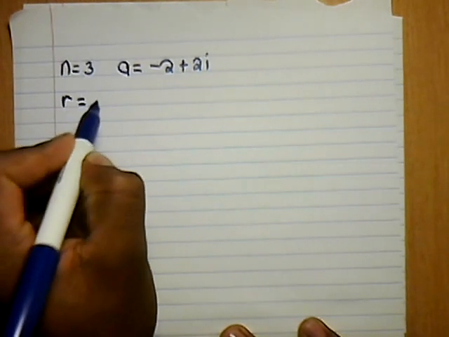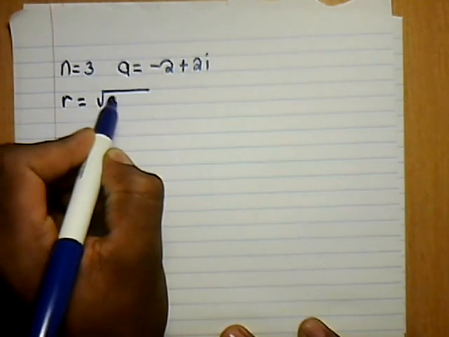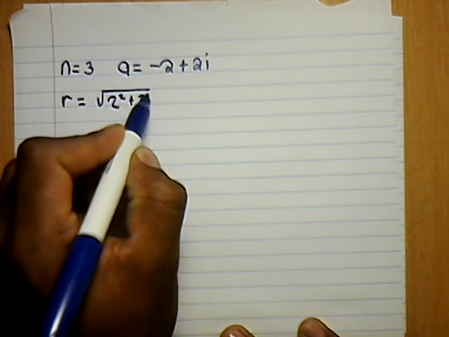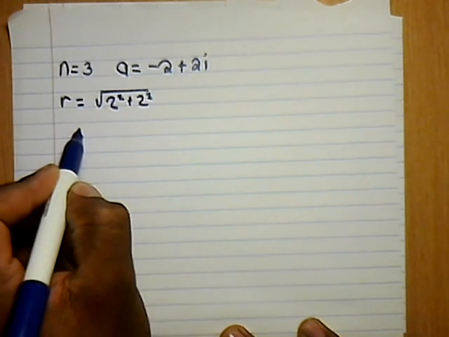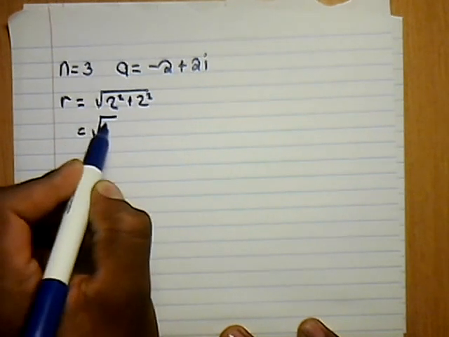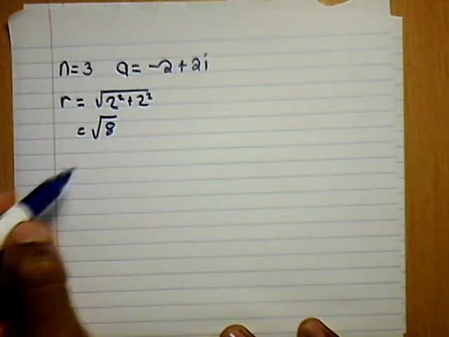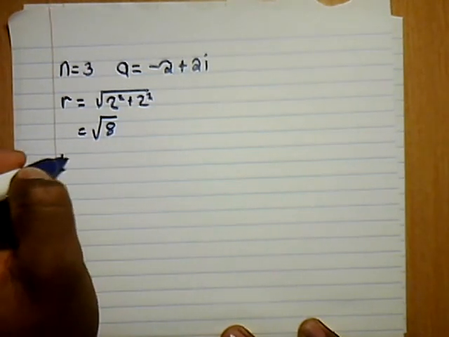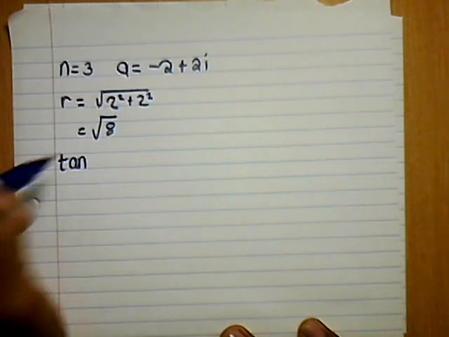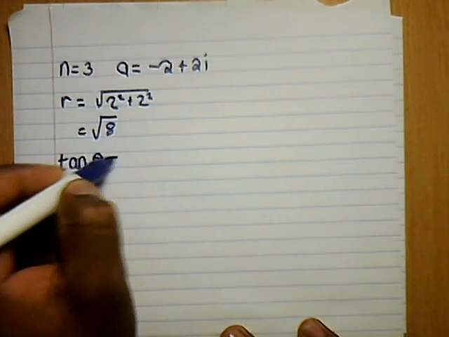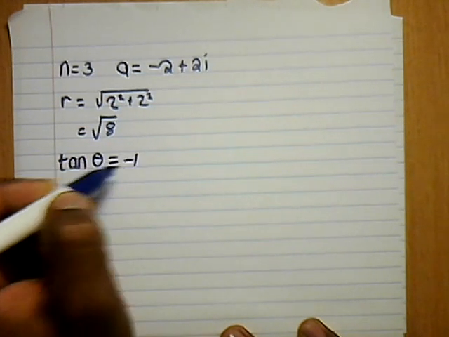So modulus of a is equals to the square root of 2 squared plus 2 squared. So we find that to be equals to square root of 8.